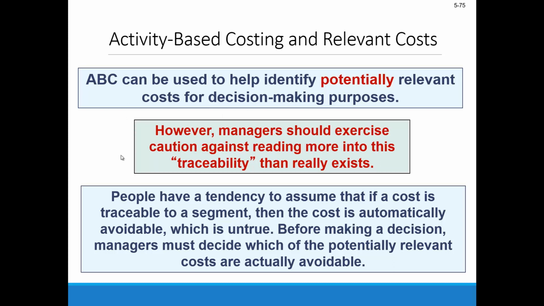Remember, under ABC, we were tracing as many possible costs to the individual products as we could. The only potential drawback when we think about how that relates to relevance is people have a tendency to kind of assume or get in this habit of thinking that if a cost is traceable to a segment, it's automatically avoidable. And that is not necessarily true. So traceability and avoidability are not synonymous.